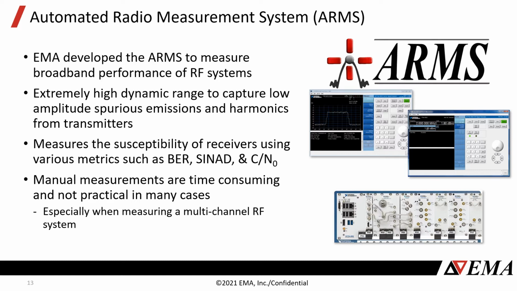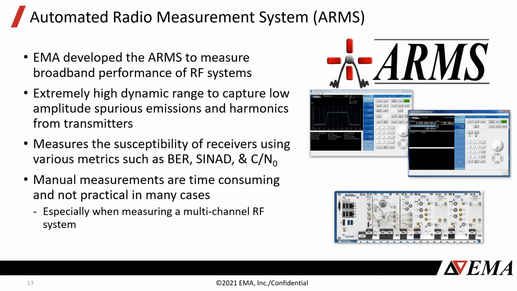The second key concept is that for receiver susceptibility, the performance metric is going to vary from one type of radio to another. And so we use whatever metric is appropriate for the type of radio that we're measuring. In some cases, that's SINAD. In other cases, it's carrier to noise ratio or some other metric. And then finally, automation is really key for this system.